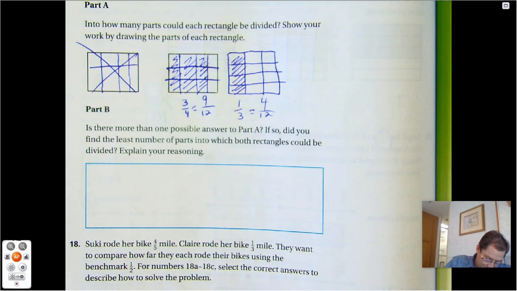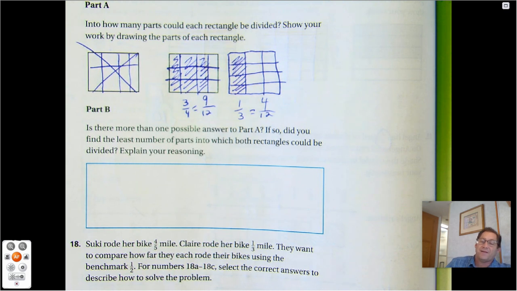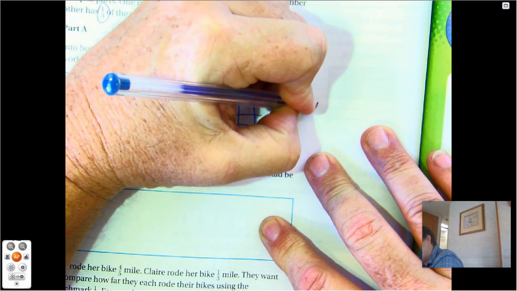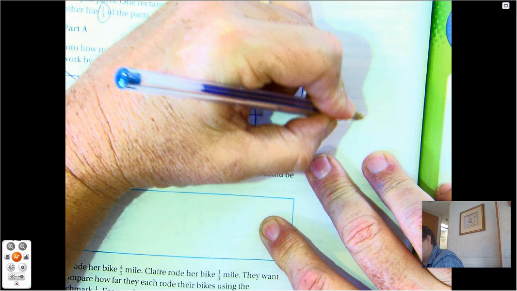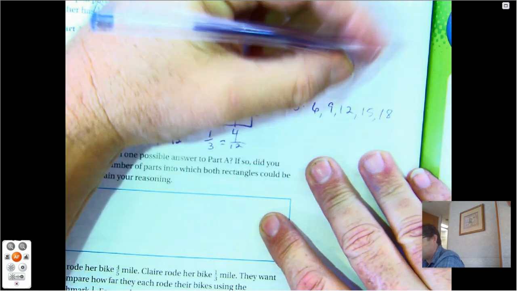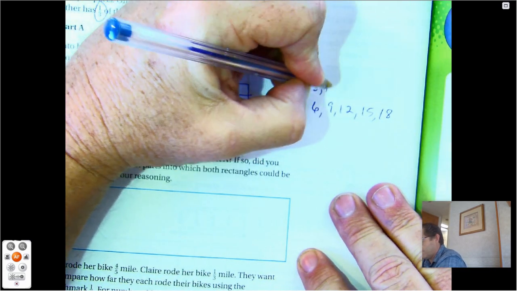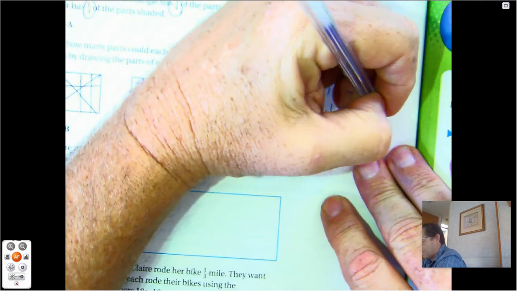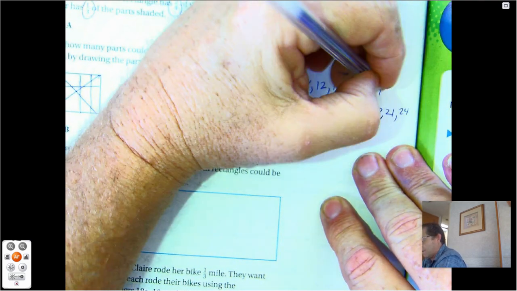Well, yes, because if we took fourths and thirds and listed common multiples, we would see that 24ths are also in common.